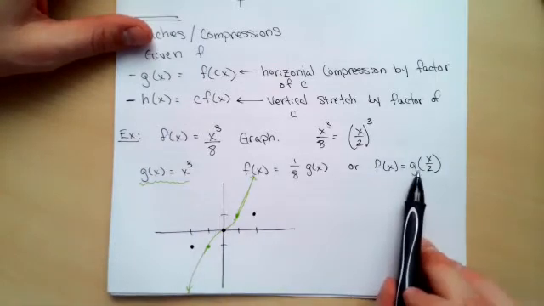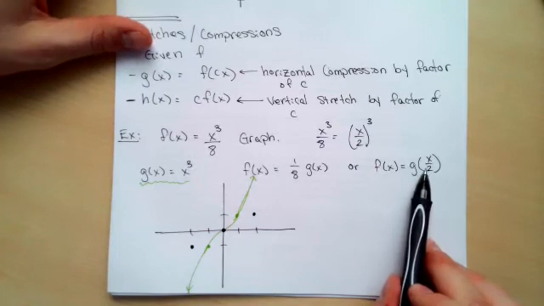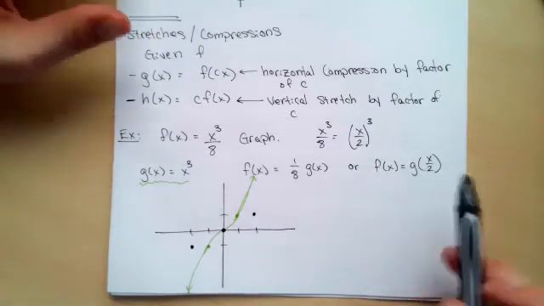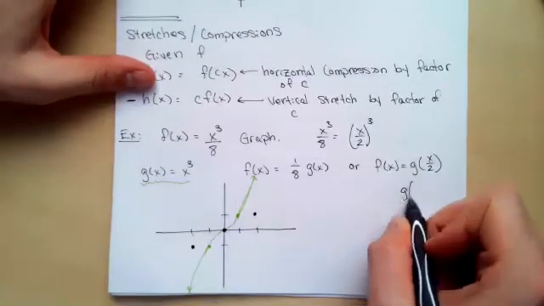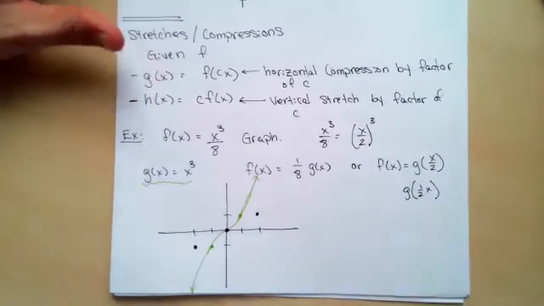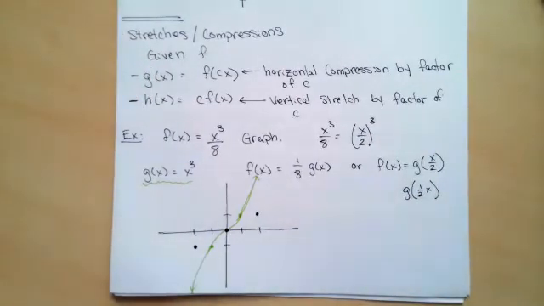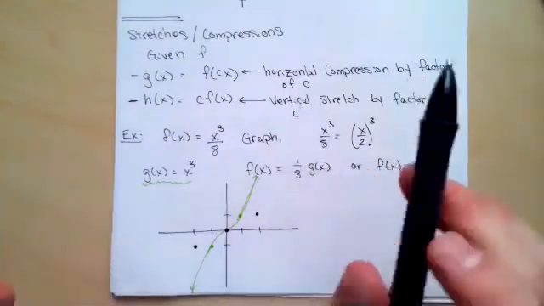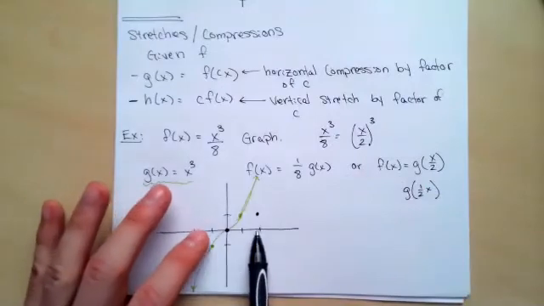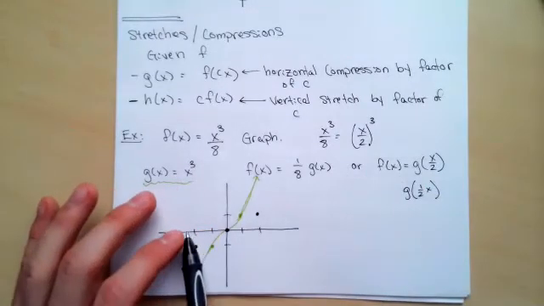The other way we can think about it is, well, what happens if I tried this horizontal stretch or compression? So the factor outside of x is 1/2. So if it were just a 2, then that means I would want to compress the x-axis and cut everything in half.